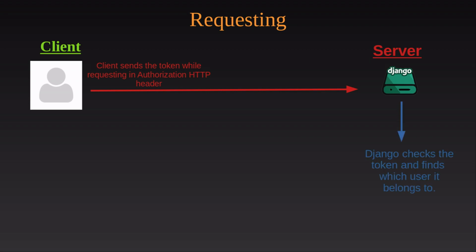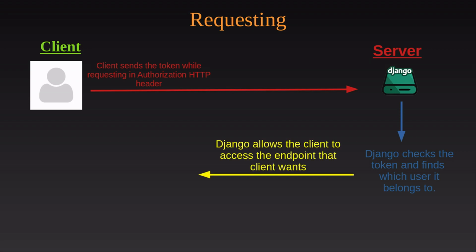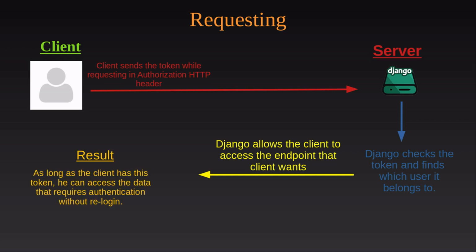And then the Django server captures this token and determines to which user it belongs. And then Django allows the client to access the endpoint that the client wants. And as long as the client has this token, it can access the data that requires authentication without relogin. Now that we have an idea of what token authentication is, we can move on to practice.